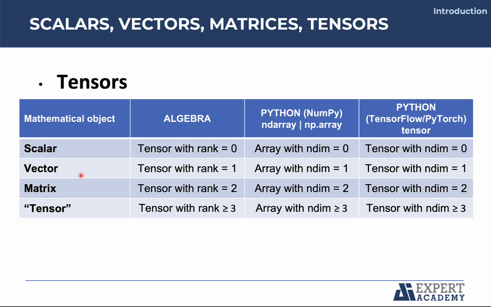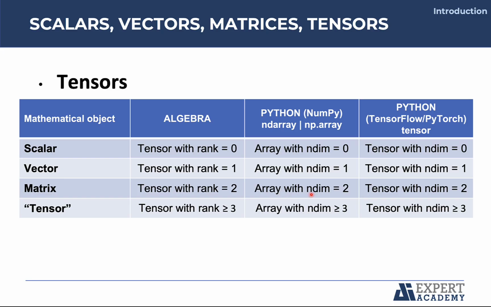Regarding the vector, in algebra, we call that it is a tensor with rank equal to 1. In NumPy, array with one dimension, similar to TensorFlow and PyTorch. Regarding the matrix, in algebra, we call it a tensor with rank 2.